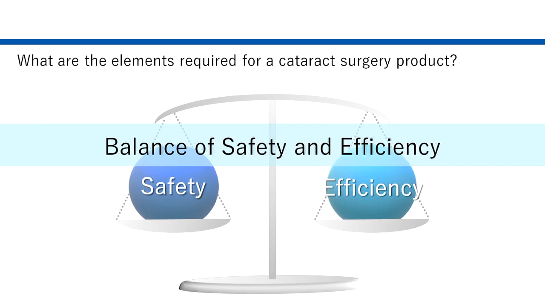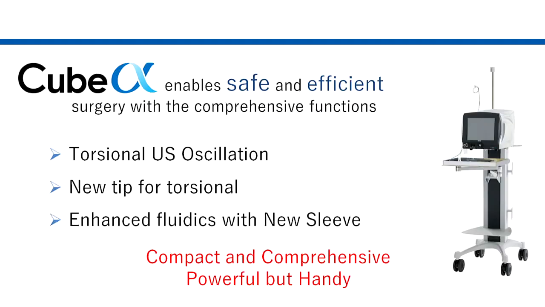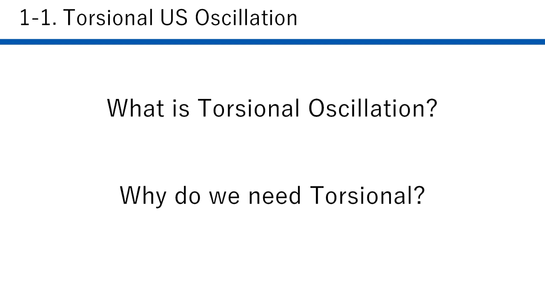So what we require in a good machine is a balance of safety and efficiency, and this is what we are looking at. The Cube Alpha, as the machine is now known, has a torsional US oscillation with a torsional US tip and a new sleeve for enhanced fluidics, which gives you much better control of the chamber, and there's hardly any surge.